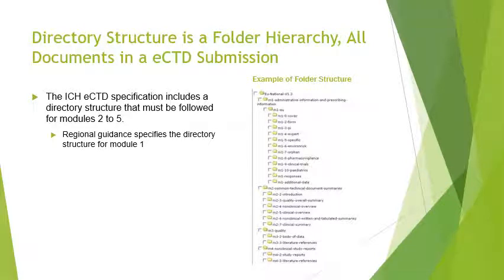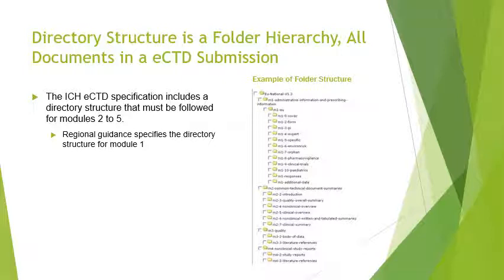Now, as I've explained earlier, the first technical specification for an ECTD is the folder structure, also called directory structure. It is nothing but a folder hierarchy or the representation of various folders.